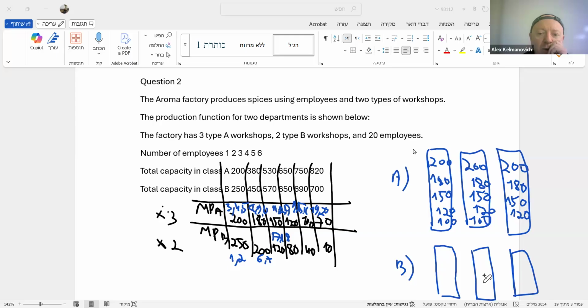And in the field B, we have 2 guys of 250. Two guys of 200. And 2 guys of 120.